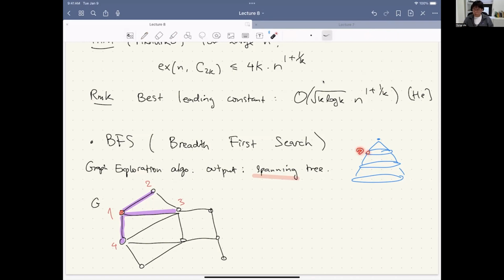You see its children, but all of them are ones we've already seen, so we don't do anything for 2. We move on to the next one, which is 3. One of its children is 4, which we've seen before, so don't do anything. We explore all these ones. So for the second layer, let me use a different color.